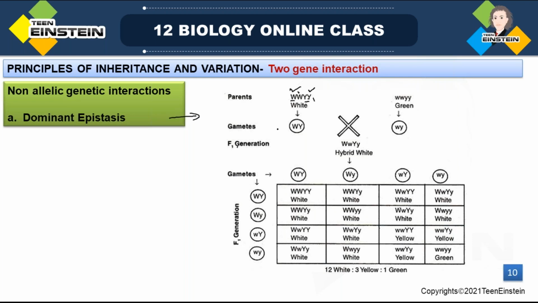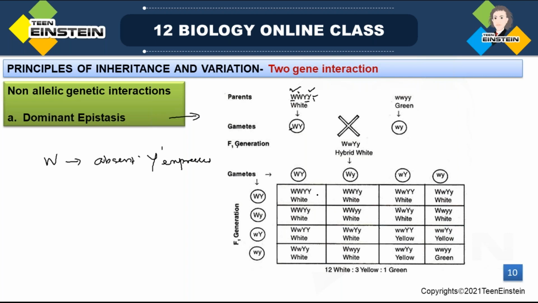Here, the capital W, the white color dominant gene, is the epistatic gene, and the dominant Y gene is the hypostatic gene. In the absence of capital W, the capital Y gene expresses.